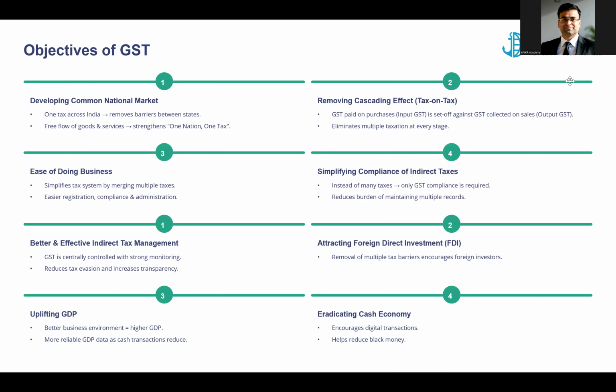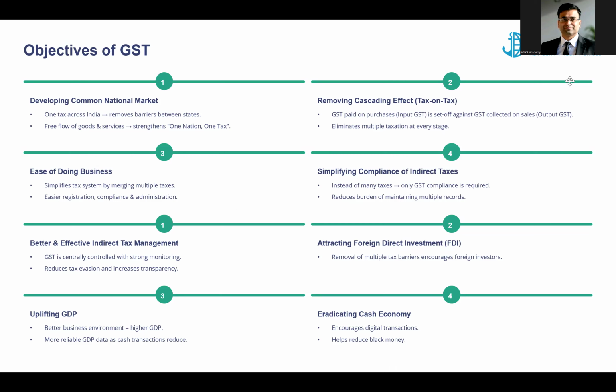Because we are removing multiple tax barriers, you have to understand less about the taxation of each state. So it attracts foreign direct investments, because foreign investors need simplified laws which they can understand easily. With all these efforts, it has an objective of uplifting our GDP.